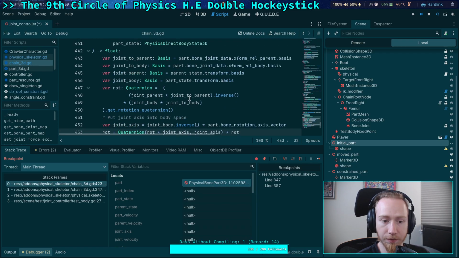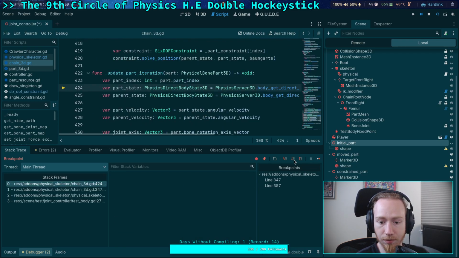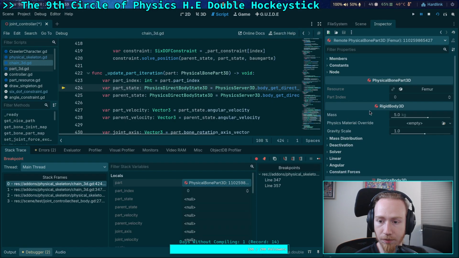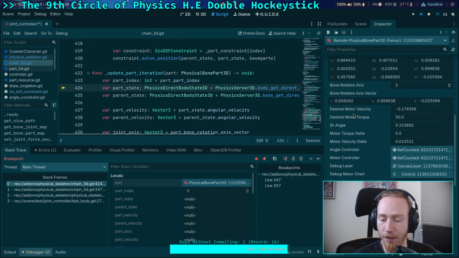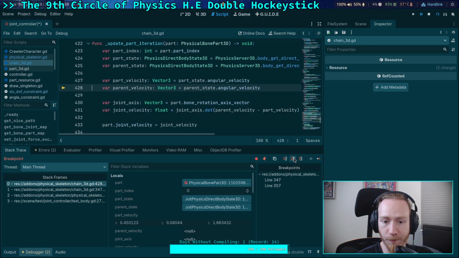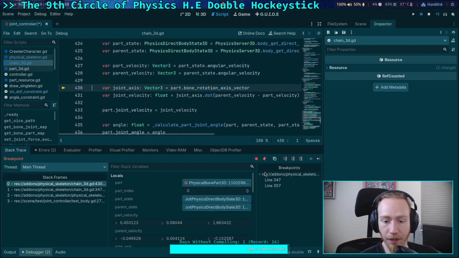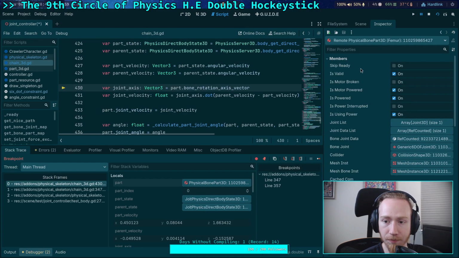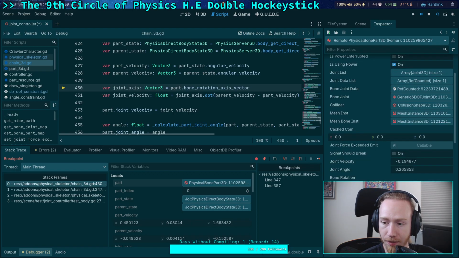Because it's like here, that it's just totally wrong. So the present angle is 3, 1. The joint velocity should just be the same velocity that I wanted to be at.